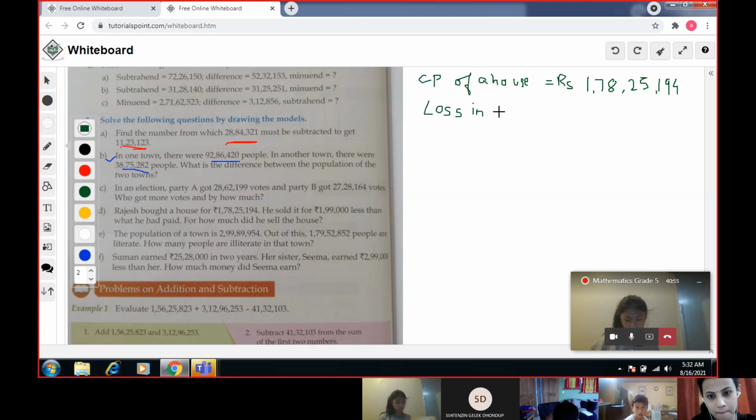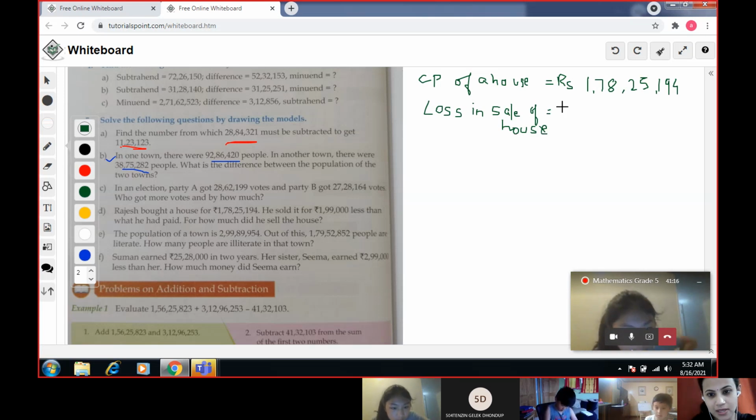So loss in sale of house equals to rupees 1,99,000.